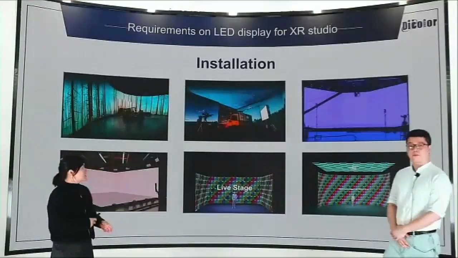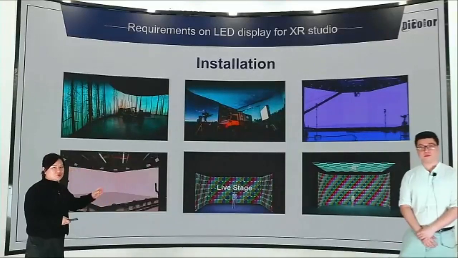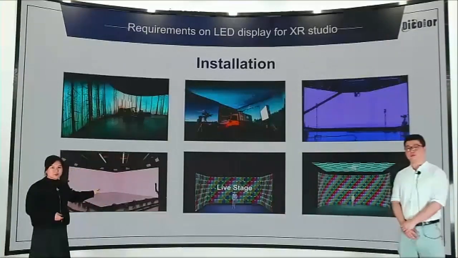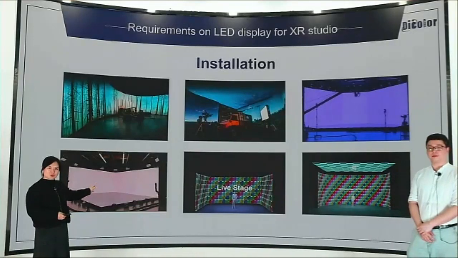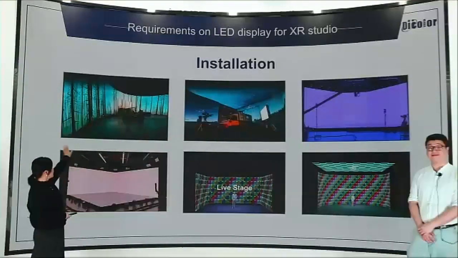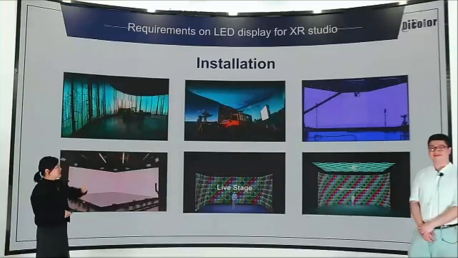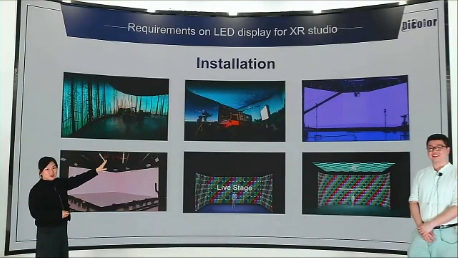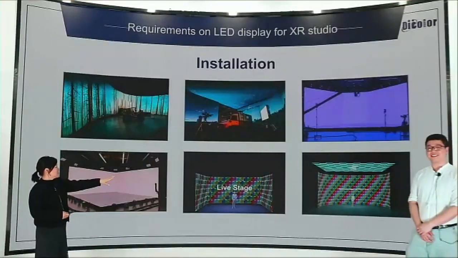So this actually is not installation, but it shows the different sizes or shapes of the screens or studios made by the screens. So you can see here it's quite curved and there's straight, and that is multi-shaped, and half curved.